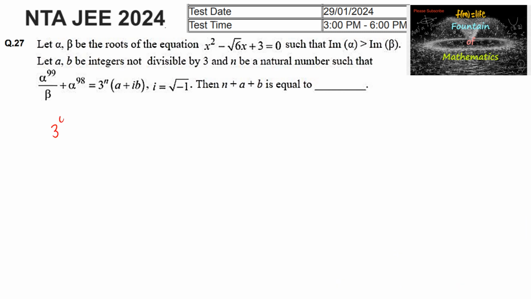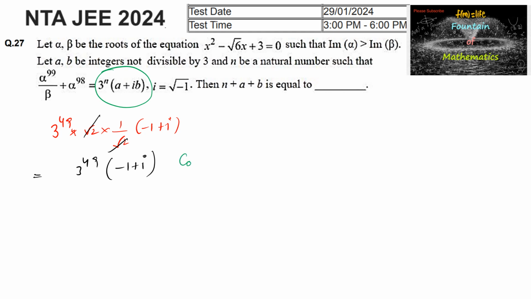So we can write 3 to the power 49 into root 2 into 1 upon root 2 of minus 1 plus i. So we may cancel here root 2 and root 2. So which can be taken as 3 power 49 into minus 1 plus i. Now comparing with the other side, 3 to the power of n into a plus ib, we can write n is equal to 49 and a is equal to minus 1, b is equal to 1.